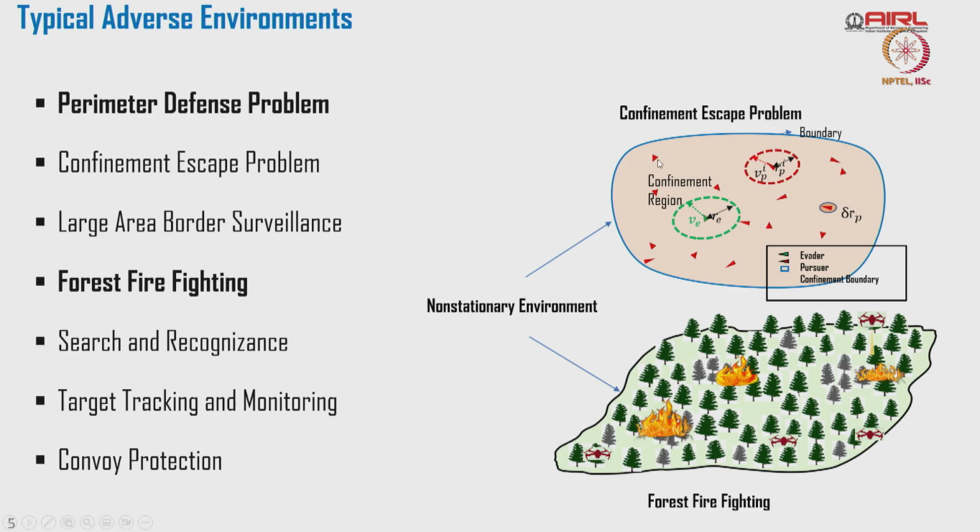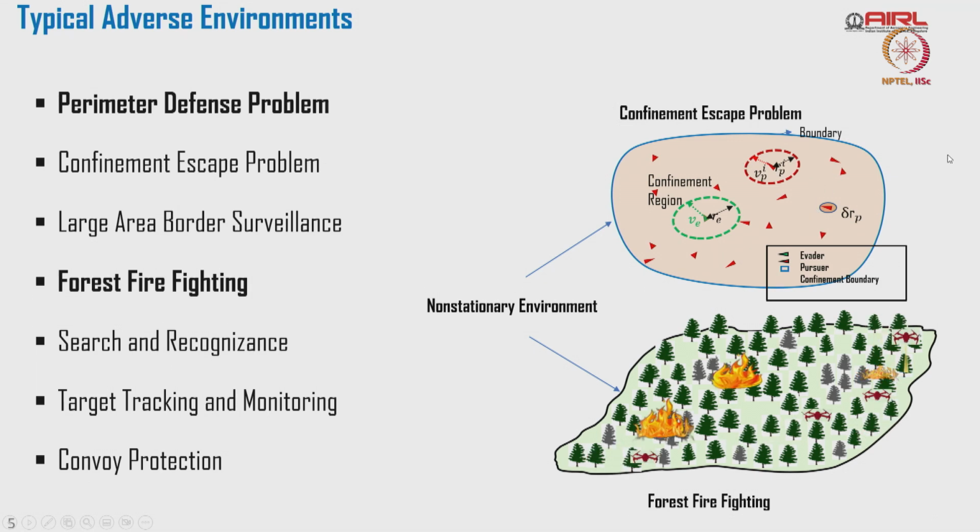The other agents are marked in red, right. The drone which is green knows where the boundary is. That is the only information it knows. It does not know how many red drones there are, or whether they are going to cooperate or coordinate. It does not have an idea. It has to escape from this region. That is a very interesting problem, right.